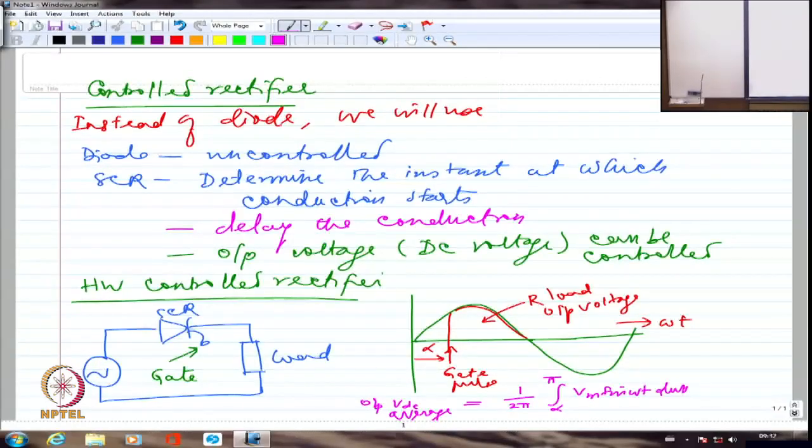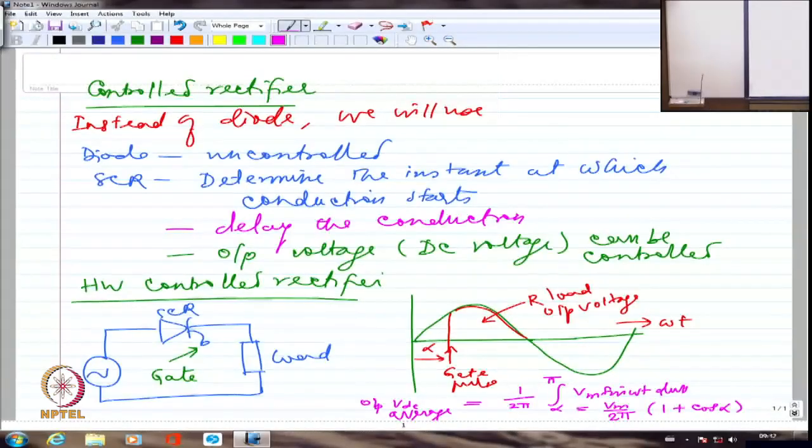If I write the expression for this, it will become Vm by 2 pi, of course, and I will have cos alpha minus cos pi. So I am going to have 1 plus cos alpha. So I am going to have this as the output voltage.